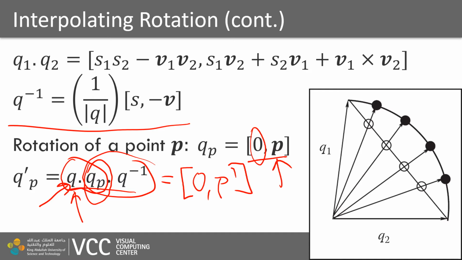Note, however, that if we create such a quaternion, imagine these are two quaternions shown on this image, and we are component-wise interpolating between those, what we will achieve are these intermediate quaternion values, which will not be of unit length.